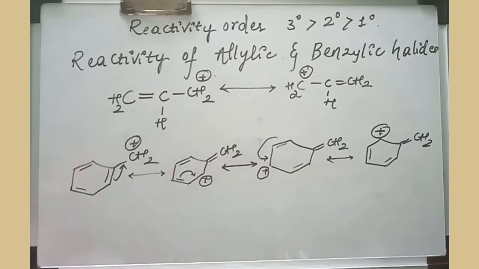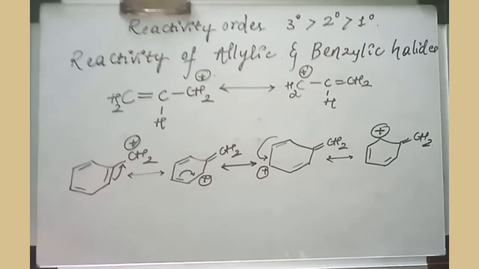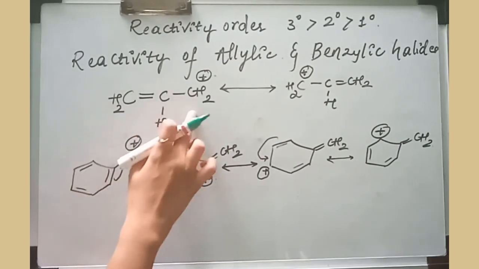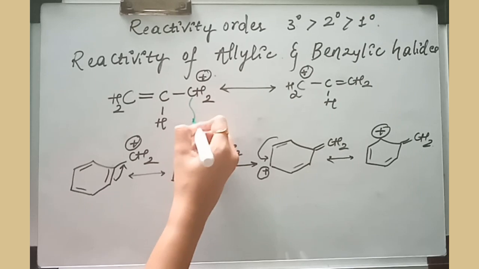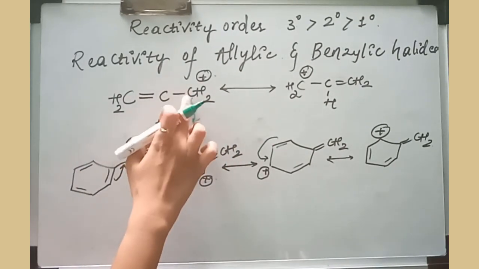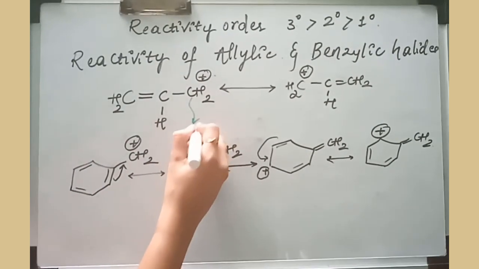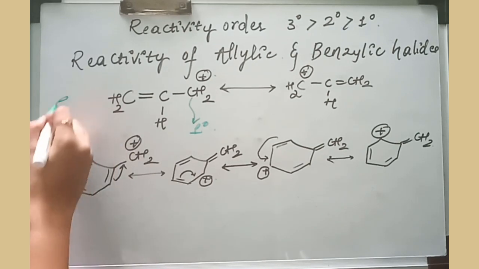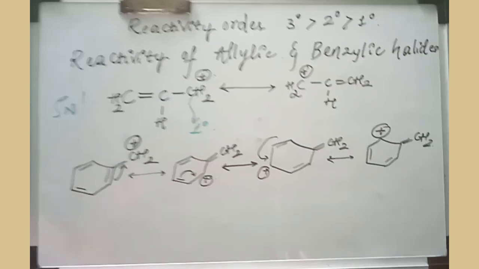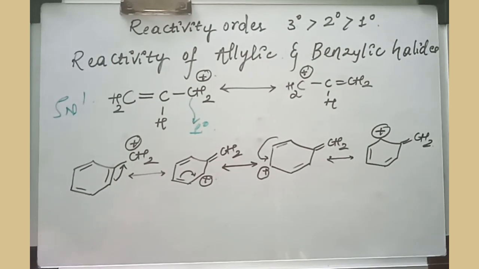Okay, I have removed the halide from this and made it a positive charge. This is called the allylic carbon, and there is a positive charge on this one. It is called an allylic carbocation. When you consider this, the degree of this carbon is that it is attached to only one carbon. That means it is primary in nature. Though it is primary in nature, we are saying that it undergoes the SN1 mechanism. So what is the reason for that? After the formation of the carbocation here, there is a double bond.